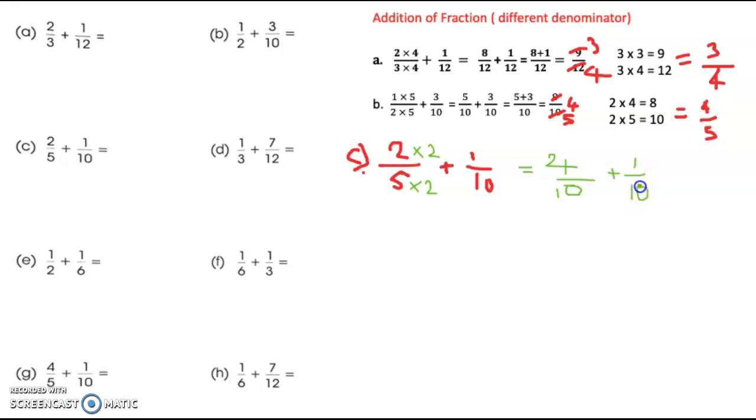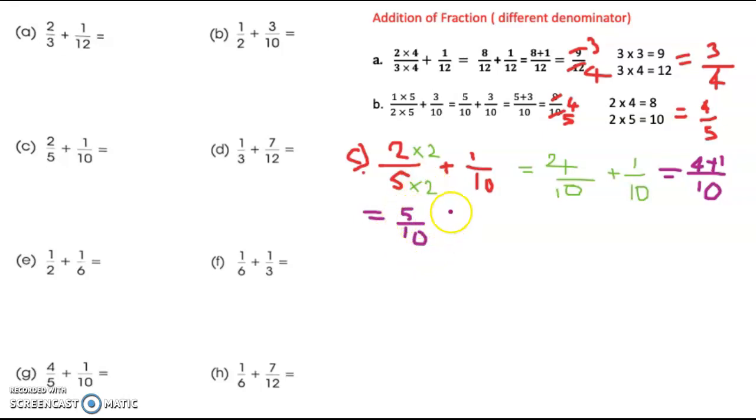Now I have made the denominators the same. So I just bring down the same denominator and add the numerators, 4 plus 1. That will be equal to 5 over 10. Now check whether the denominator is a multiple of 5.